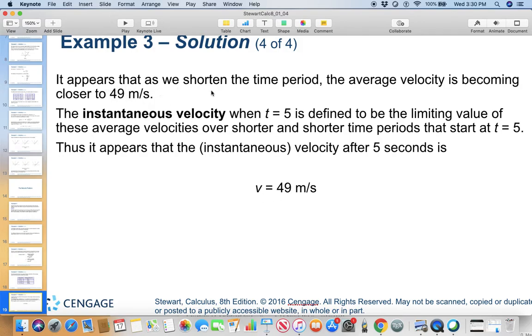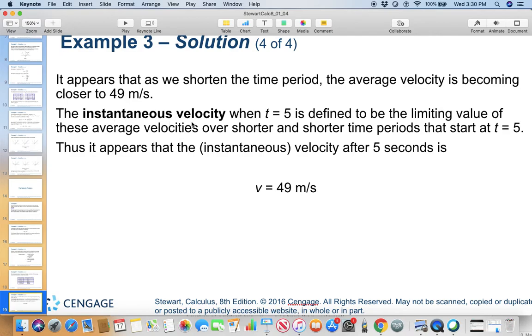It appears that as we shorten the time period, the average velocity is becoming closer to 49 meters per second. So instantaneous velocity means at one particular time, instant.